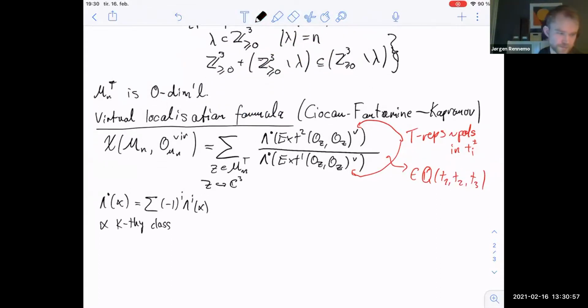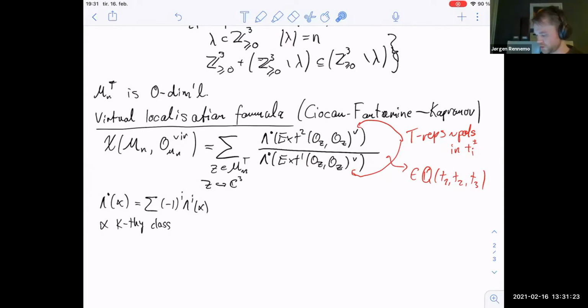Okay, so just to have, and maybe from this you can guess at what the general statement is. At the beginning of the talk I told you this is the tangents, and this was the obstructions, and this is, in the general case, at least for isolated fixed points, giving you the shape of the general virtual localization formula.